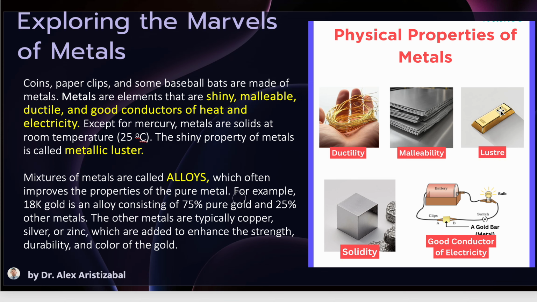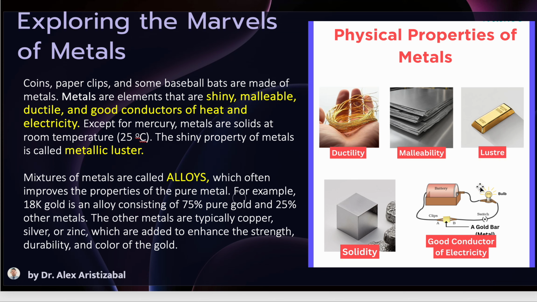They show metallic luster. As well, at room temperature, with the exception of mercury at 25 degrees Celsius, all metals are solids. We can see that if it is close to this ambient temperature, or what we call room temperature, some metals, for example cesium in group number 1, can be found as well slightly as a liquid.